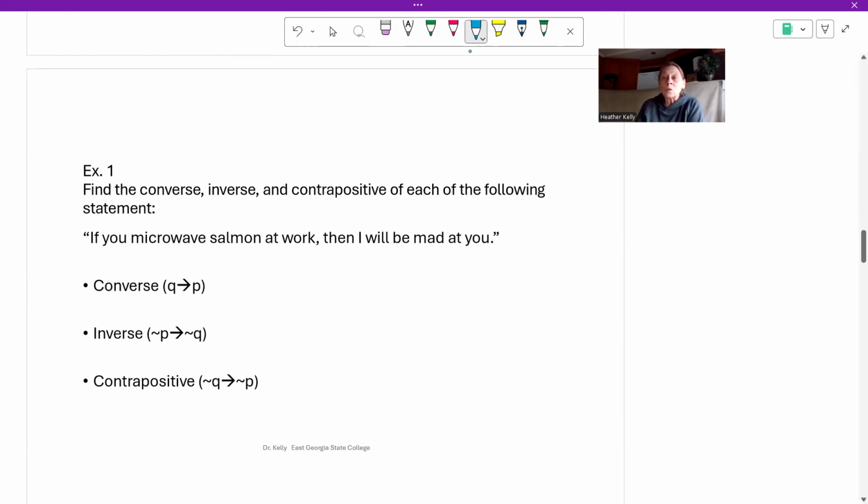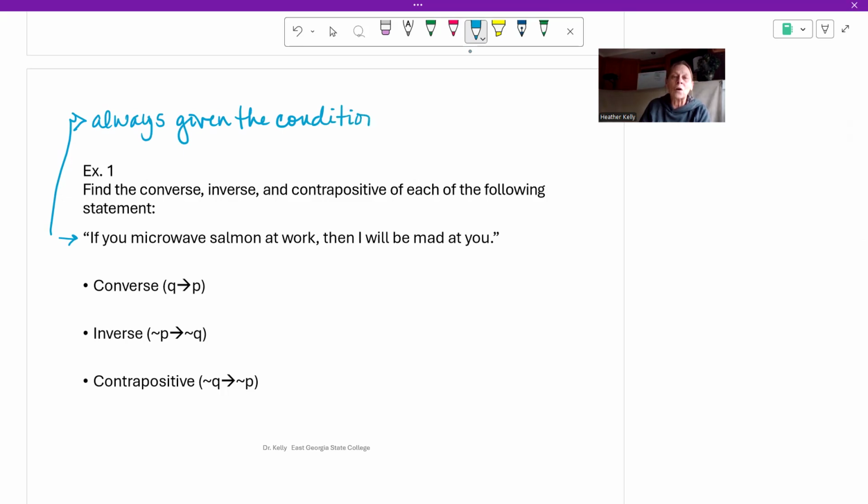Okay, so if you microwave salmon at work, then I will be mad at you. Now, the best way to do this is to go ahead and indicate what your P and your Q is. And this, you're always given the conditional. I know it's called the conditional, and that kind of sounds confusing, like that means you don't know. No, that's just what it's called. It's called the conditional statement. All right, so this is your conditional.